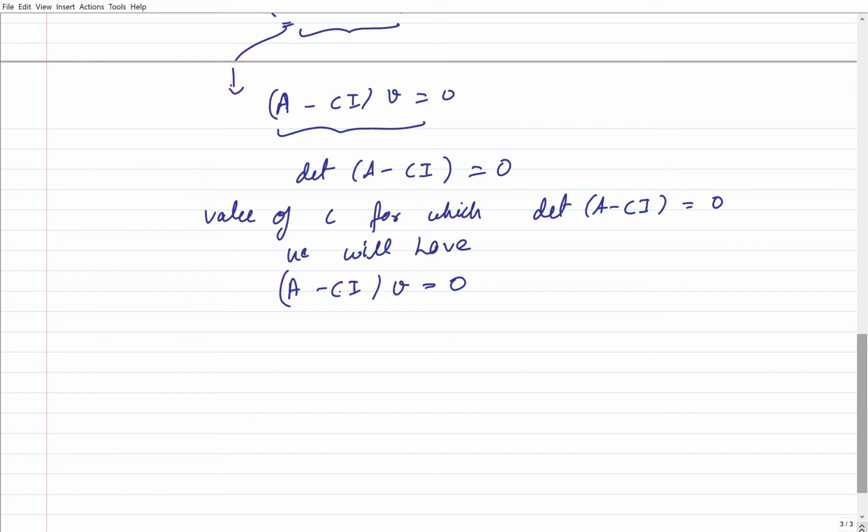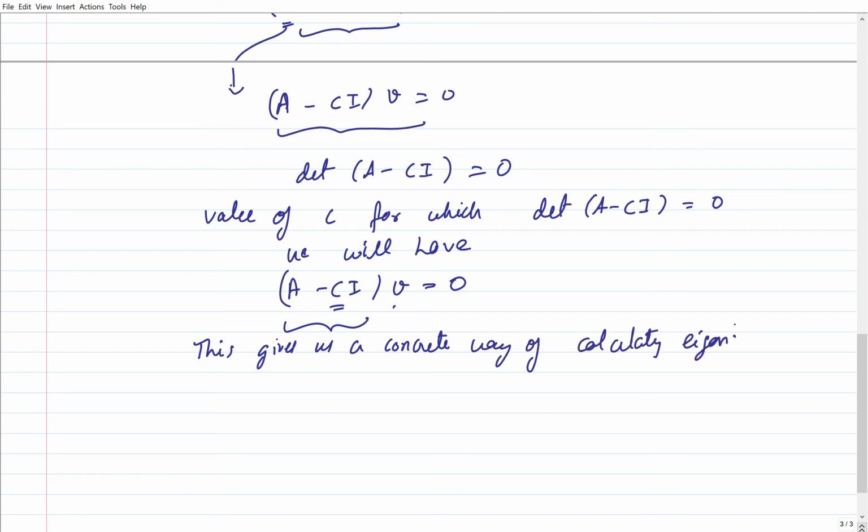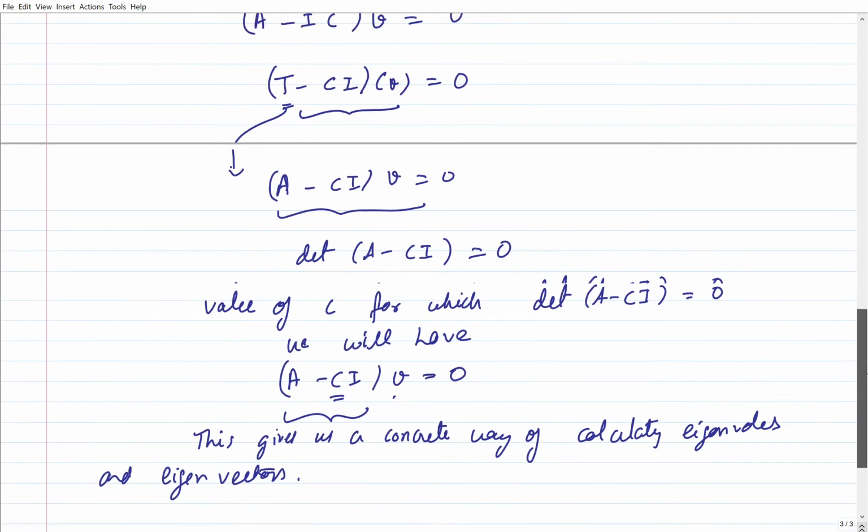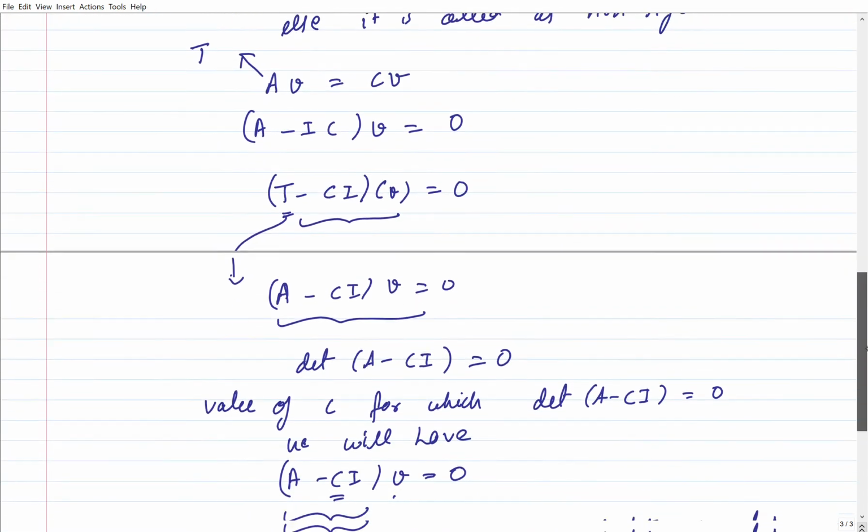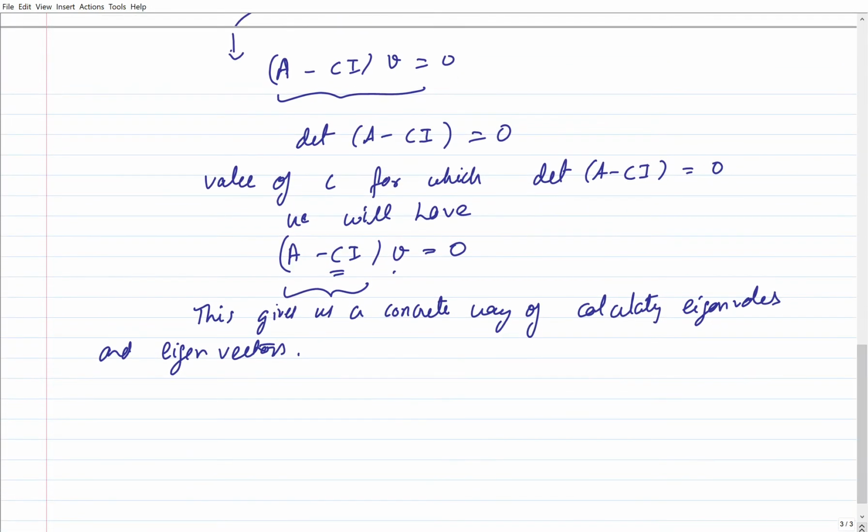That way we get the values of C for which this particular condition holds, and this gives us a concrete way of calculating eigenvalues and eigenvectors. So that is all there is to it.